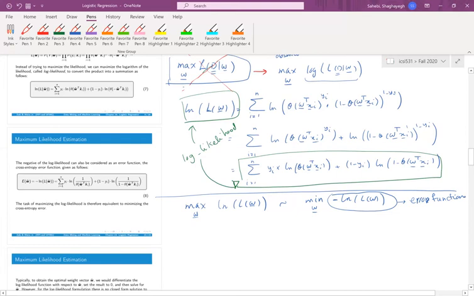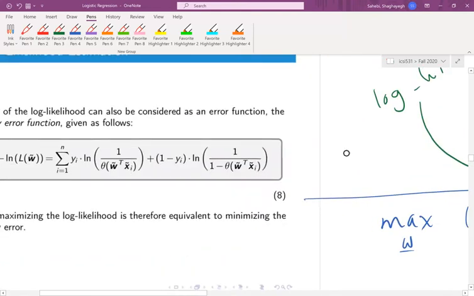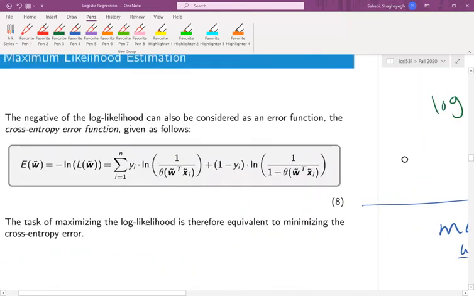If you would really like to think of it as an error function, that error function has a name, and that is called cross entropy. And if you actually want to see how it looks, it's very simple. It's very similar to log likelihood.